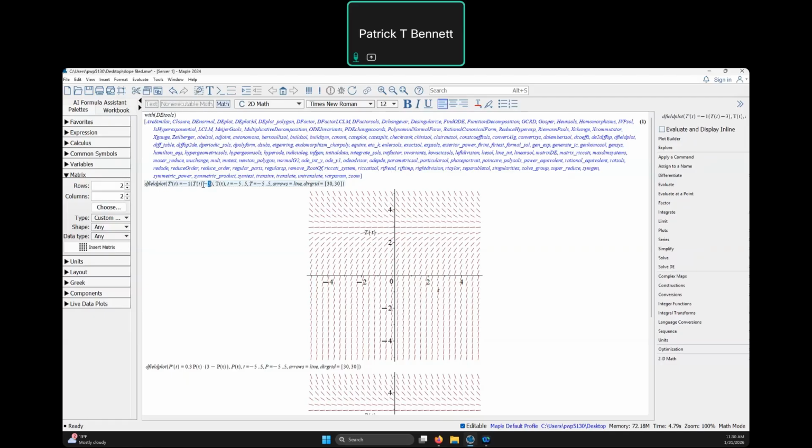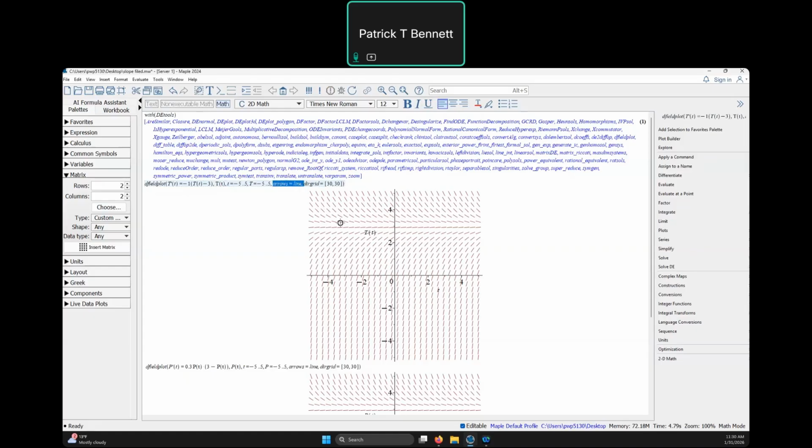I just chose 3 because I didn't want to use too big of a number, so the picture looks reasonable. And this other stuff is just choosing the window. So little t is the horizontal axis and big T is the vertical axis. This is telling me what these little line segments will look like.